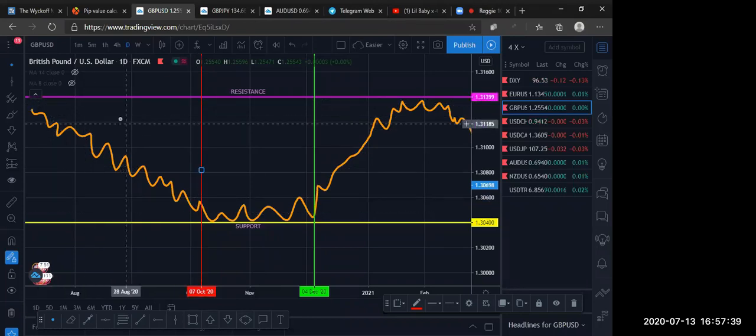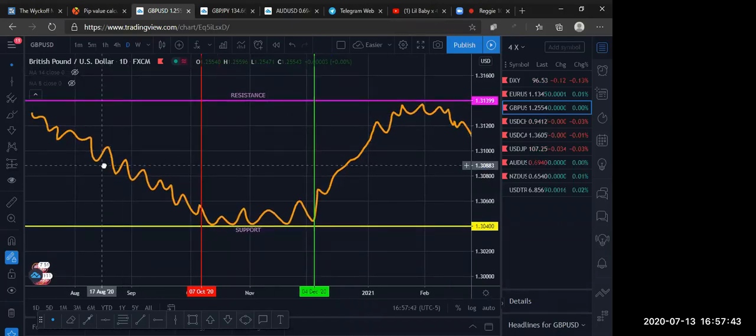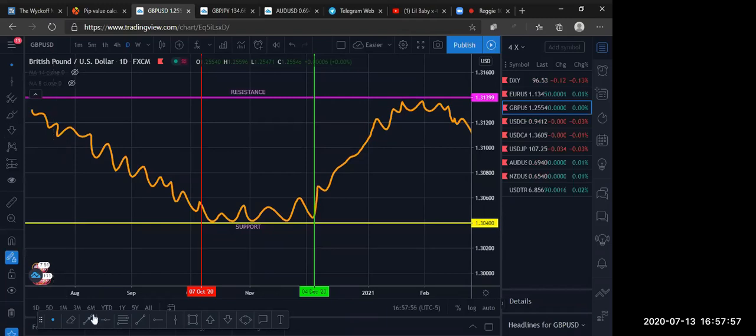You can draw a support and resistance line on something that happened in 2003 or 2005, and 9 times out of 10, when it comes back to that price in 2020, 2021, it should have the same problems, or should have significant problems.